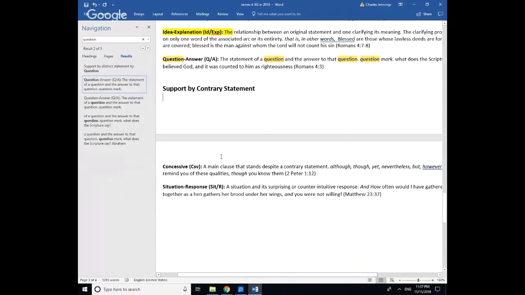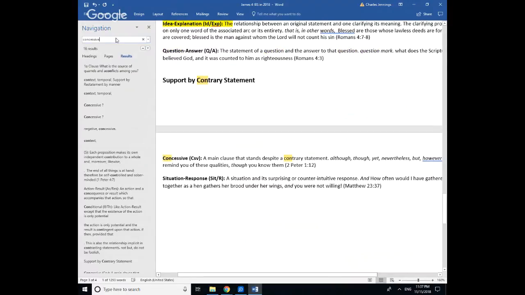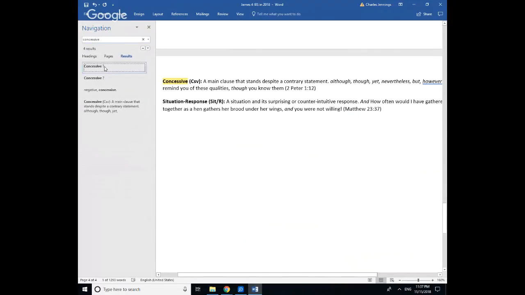It's free. So there is a benefit to learning this system. But like I said, I teach everybody the other stuff and then I go to this. So support by contrary statement is what the next ones are. Concessive and situation response. I'm not sure if we have any. Yeah, we do.